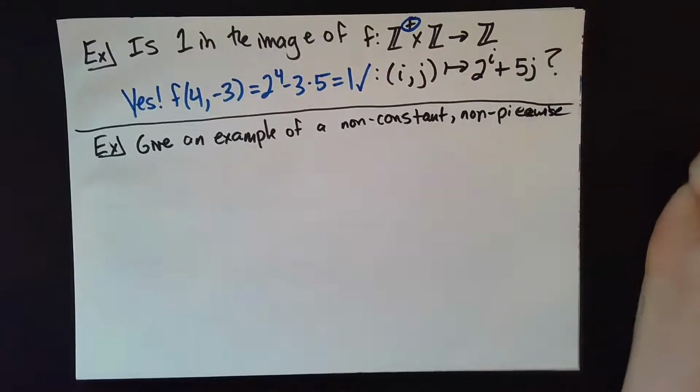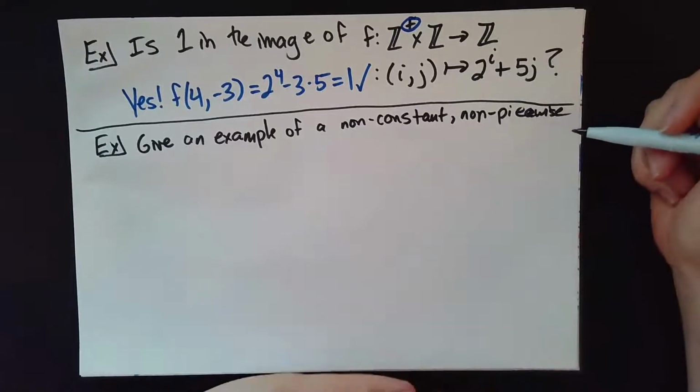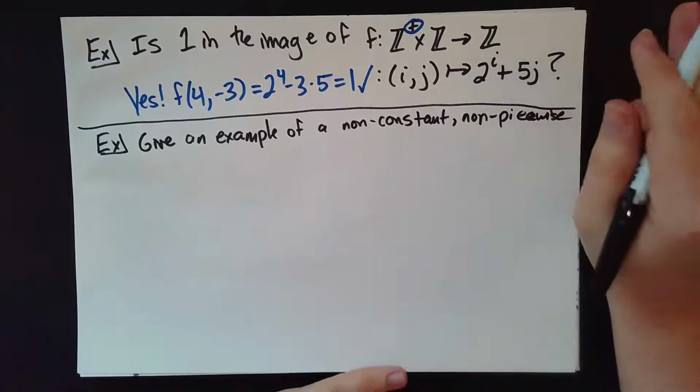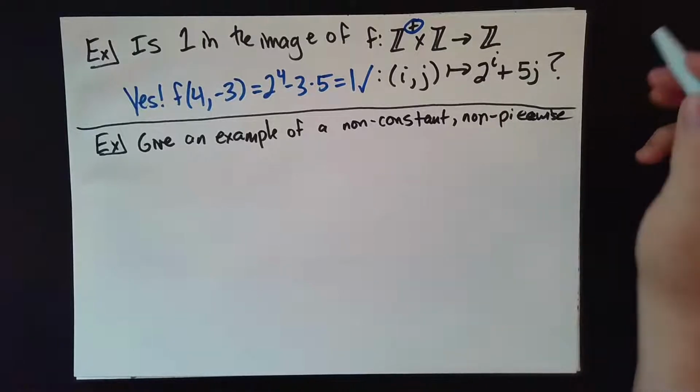Okay, and I promise, aside from asking this question on the homework and possibly an exam, you will never again hear me say the phrase non-piecewise. Just to emphasize, piecewise functions are just as much functions as other things. I was just trying to make sure you actually wrote something for the question.